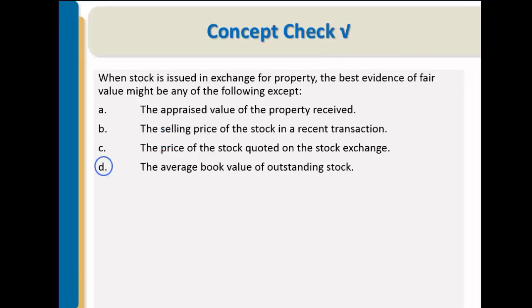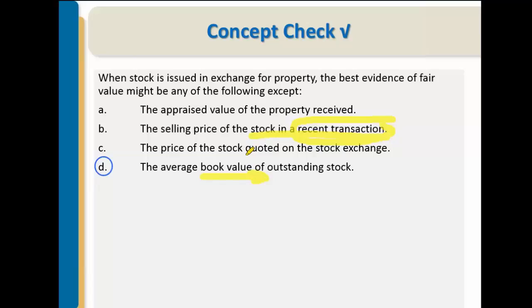Okay, so the idea is if you know what the price of the stock is selling for, that's good enough. It doesn't necessarily have to be today, but a recent transaction. The key words are recent transaction. If it said a transaction 10 years ago, that's probably of no value. Book value really has nothing to do with market value and fair value.